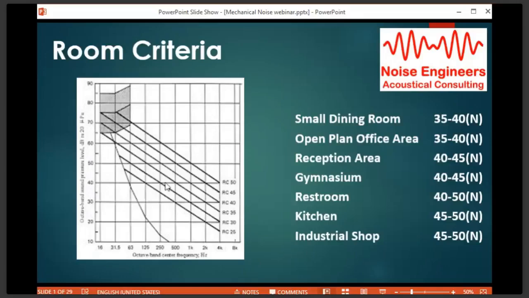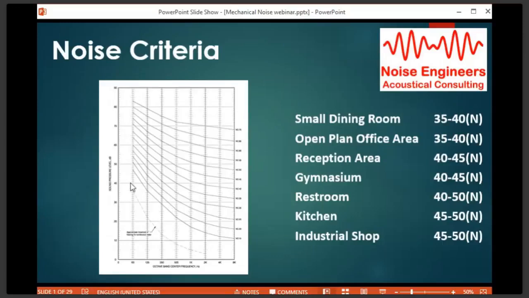So again, you're plotting, you're going to take an average and follow the curve, but then it's also, if you're above it in the high end, they call it hissy, so you put an H at the end. If you're above the range in the low end, they're going to call it rumbly, and if you're up in this area, they're going to give you a penalty. This is real low frequency. I guess that's another difference between the two.